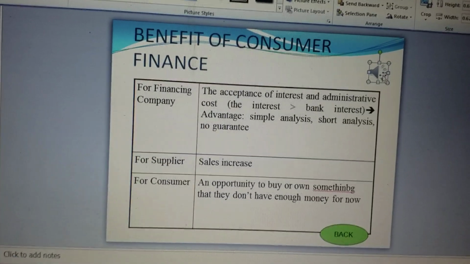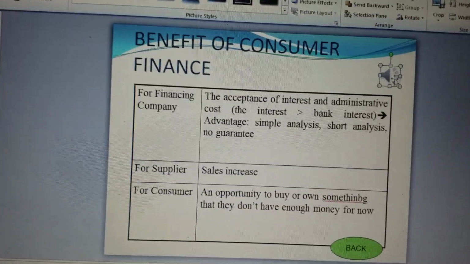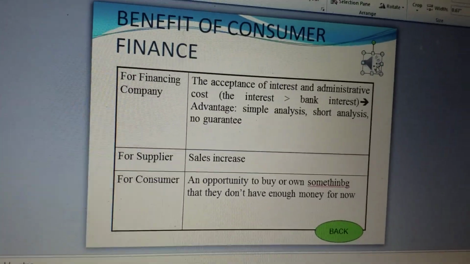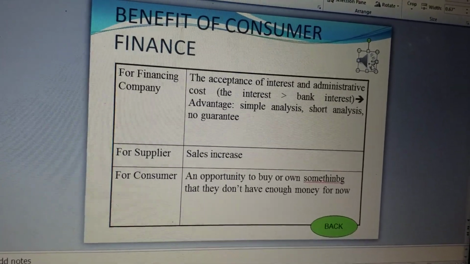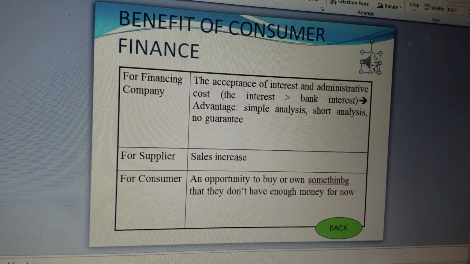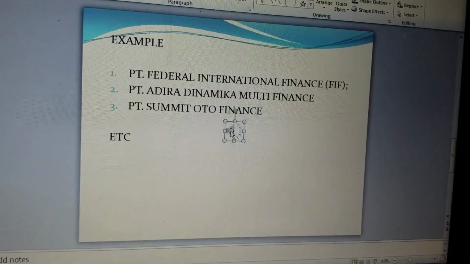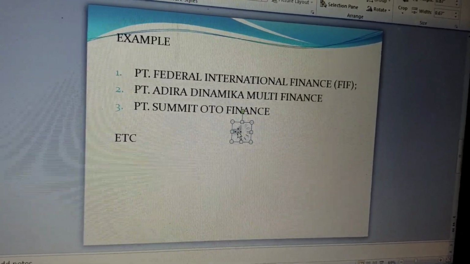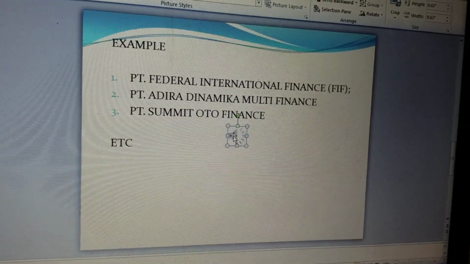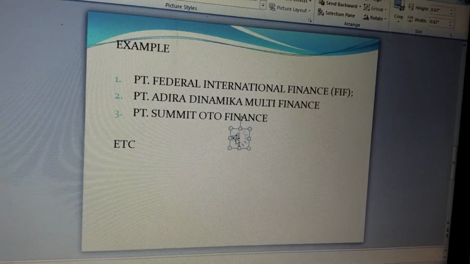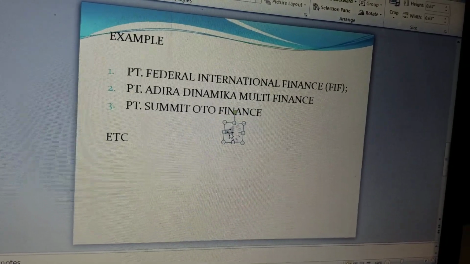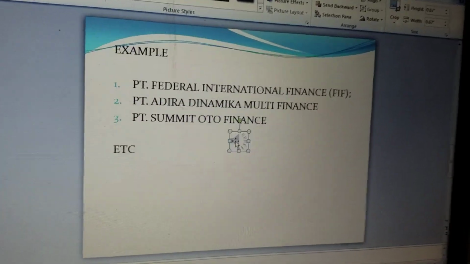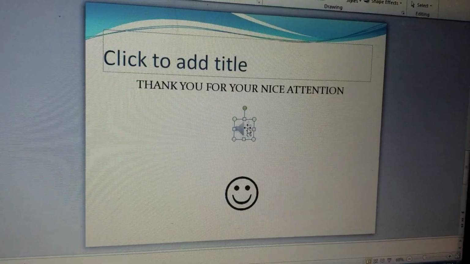You can use the facility from consumer financing, because consumption here is not always about something tangible, but can also be for other purposes, like education, for example. Here are some examples of companies that do consumer finance activity. Of course, there are more than just three. You can find other examples on the internet or other sources of information.